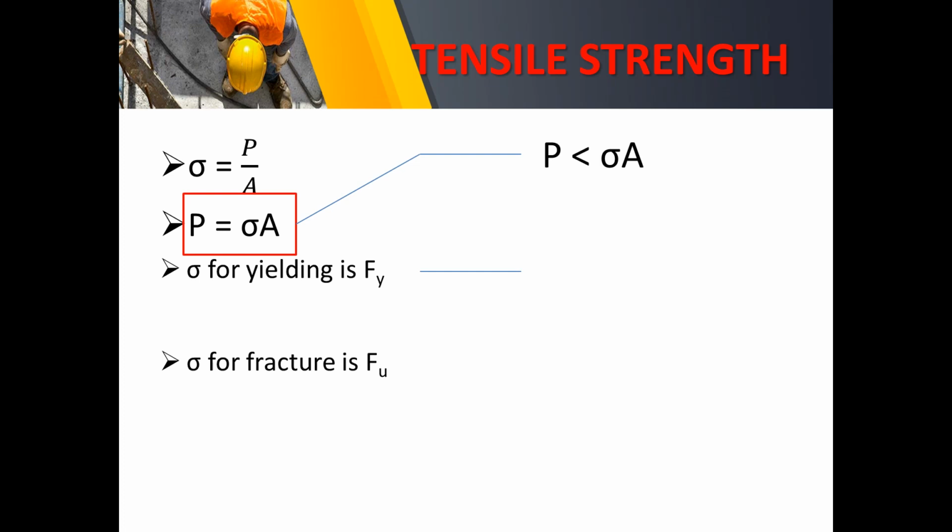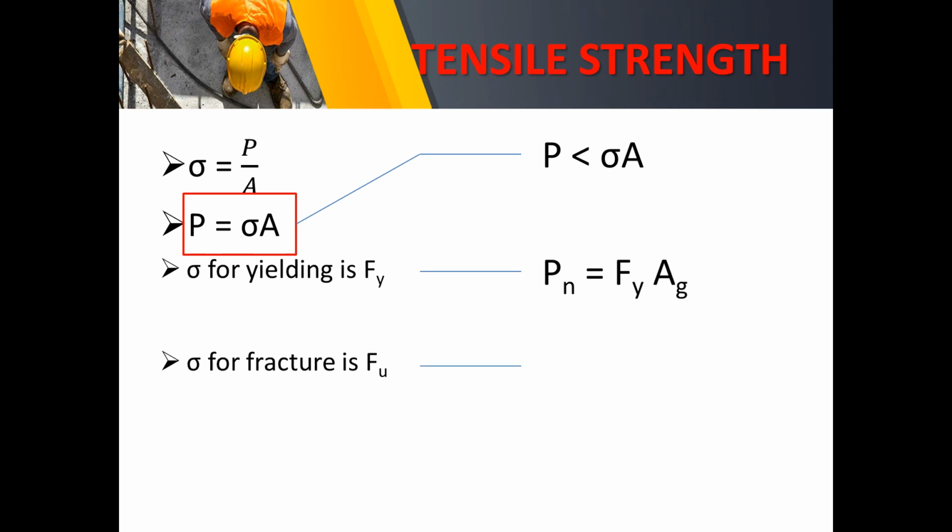Hence, considering Fy, the nominal loading Pn will be equal to Fy, or the strength sigma on the yielding, times the gross area. The gross area is the area that was not yet reduced, where there is no presence of holes occupied by any bolt.